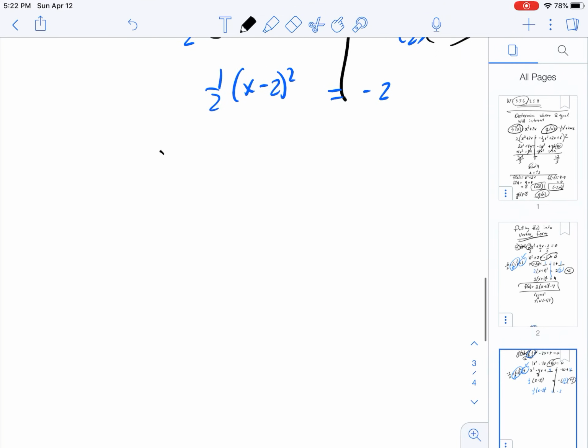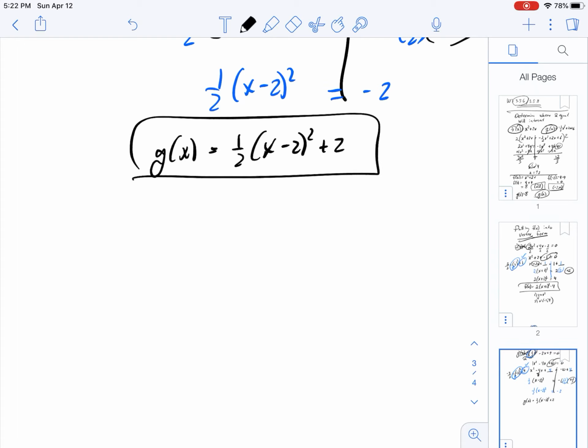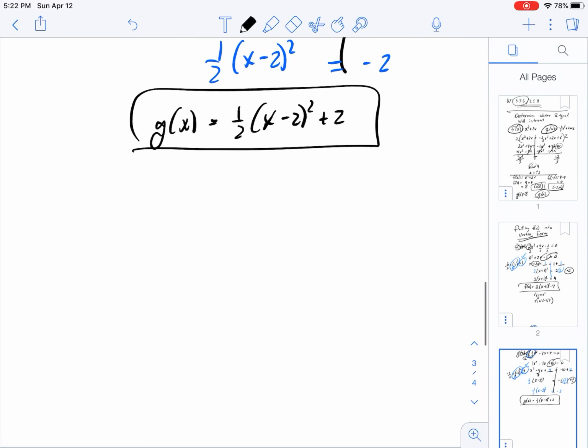So I have g of x equals 1/2 x minus 2 squared plus 2, and you're ready to go for graphing. Let's look at one more example, and then I'll let you take it from there on the assignment.